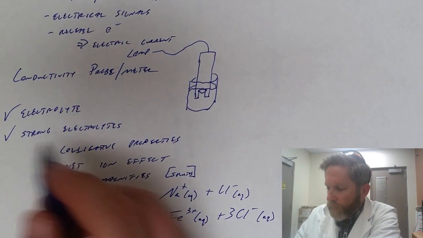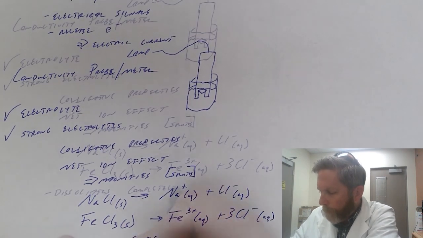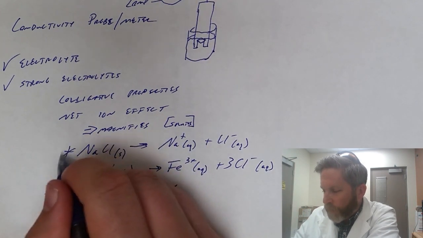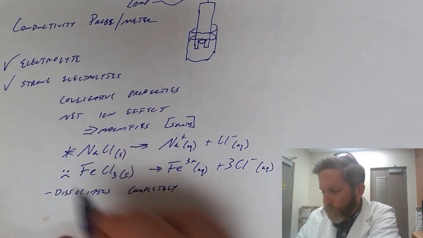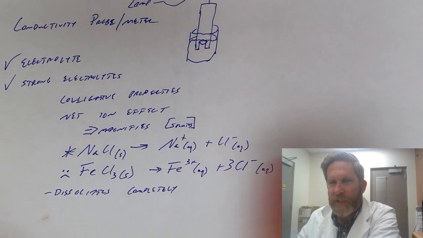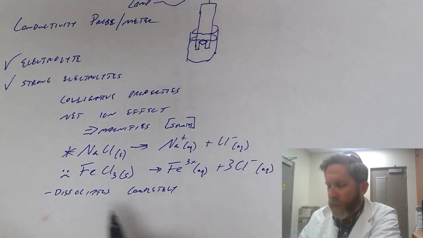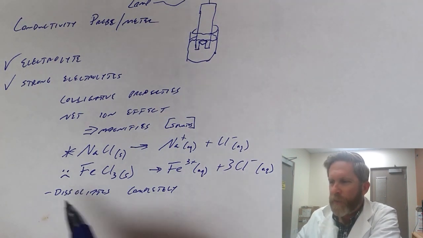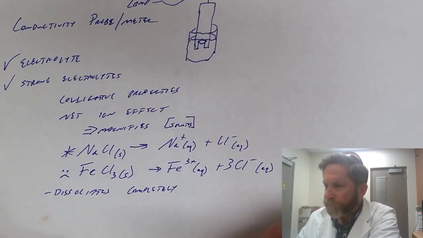So a strong electrolyte is something that dissociates completely. And I can tell you right now that this sodium chloride is a strong electrolyte, and this is a weak electrolyte. Strong electrolytes, because they dissociate more, will have a greater electronic charge created than weak electrolytes. And we can measure this and then rank them in terms of their relative strength.